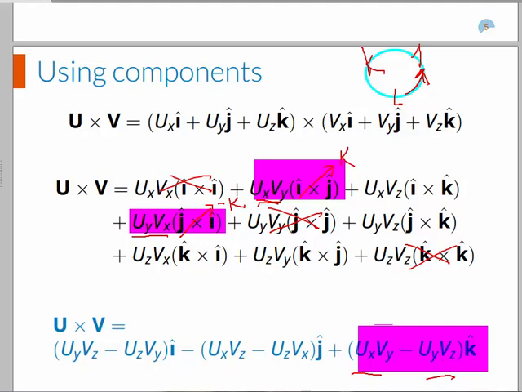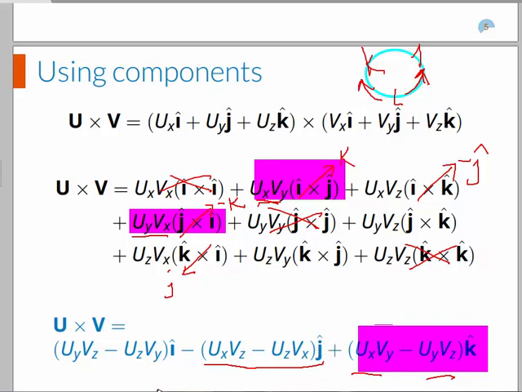Do the same thing for the others. i cross k is going the wrong way around the circle. That's minus j. And down here we have k cross i, which will give us j, and that makes up this next term.